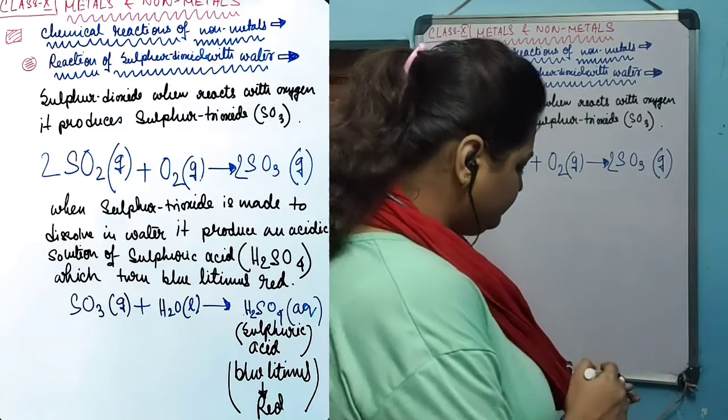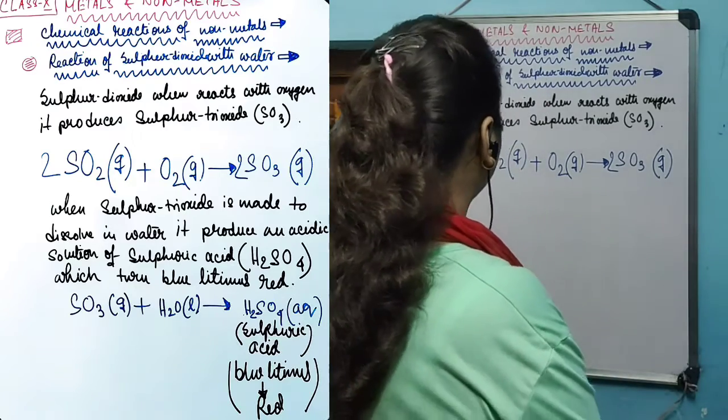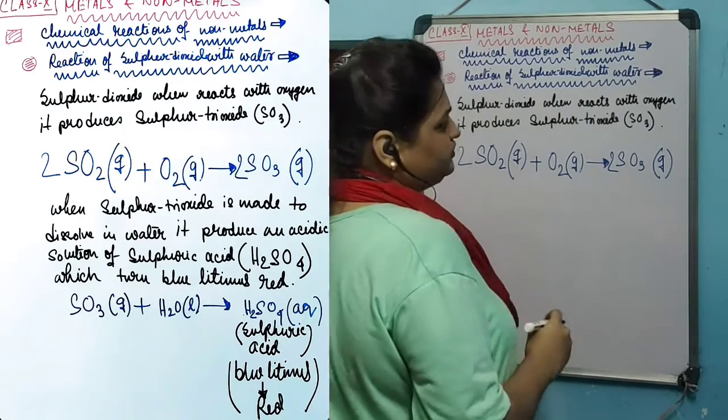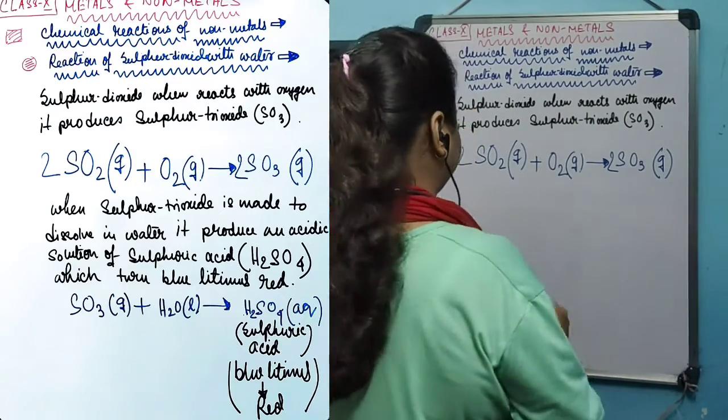Now, when this sulfur trioxide is made to dissolve in water, it produces sulfuric acid.